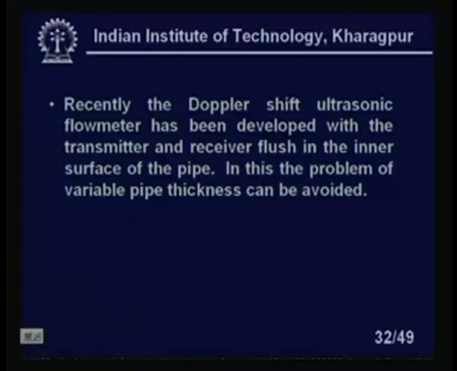If there is a variation of the pipe thickness, that will cause a problem, because you launch the ultrasonic waves from outside, so it comes through some wedge, then into the liquid. But this type of problem can be solved if the ultrasonic sensor is flushed with the liquid itself, right.